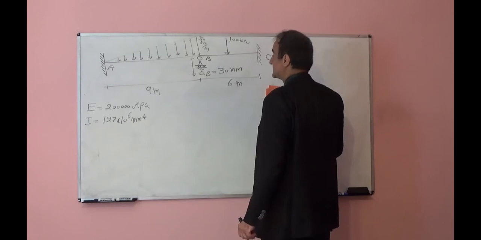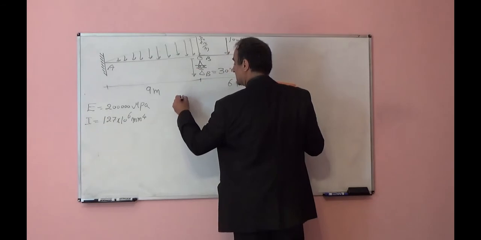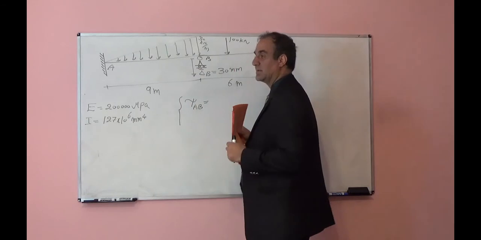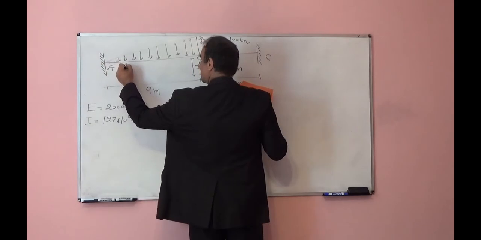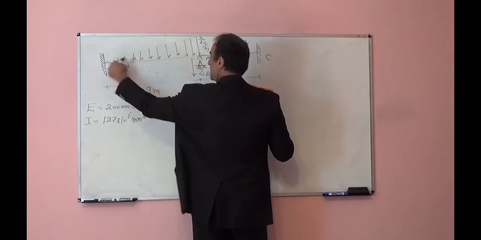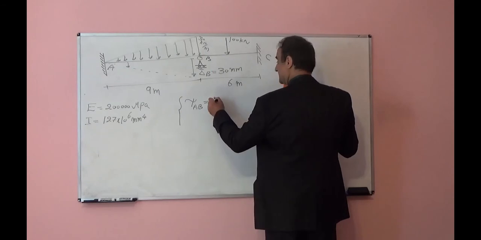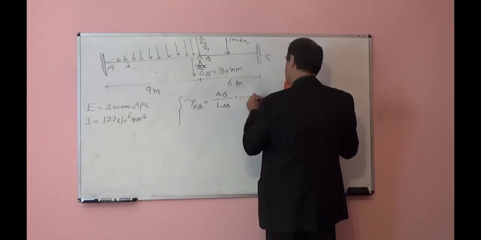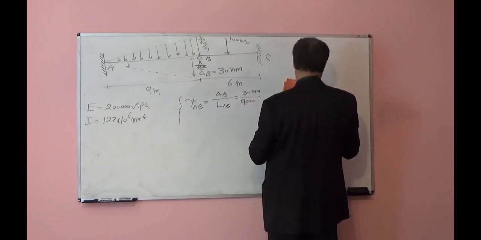Okay, once we have settlement at support B, I can calculate psi AB. It means the angle of A because of settlement. If I attach these 2 points, the dashed line has slope delta over L, the tangent of that angle. It will be delta B over L AB, that will be 30 millimeters divided by 9,000 millimeters.